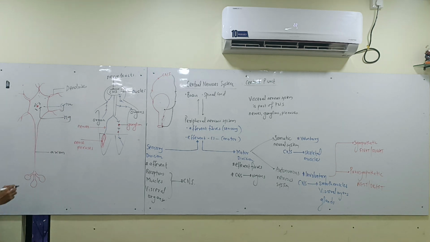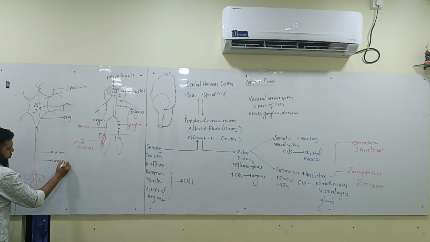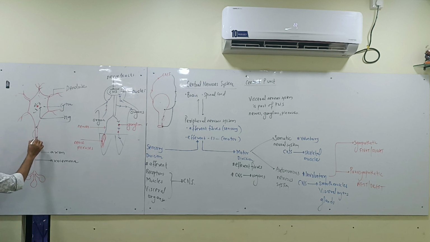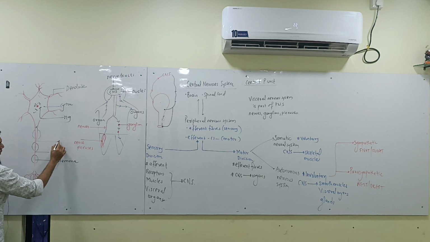Are they found in the cytosol? Yes. In the dendron? Yes. In the axon? No. What is the membrane of the axon called? Axolemma. The axon can be covered by a sheath, called the neurilemma, made of cells called Schwann cells.